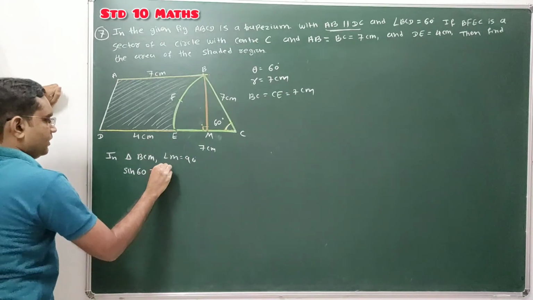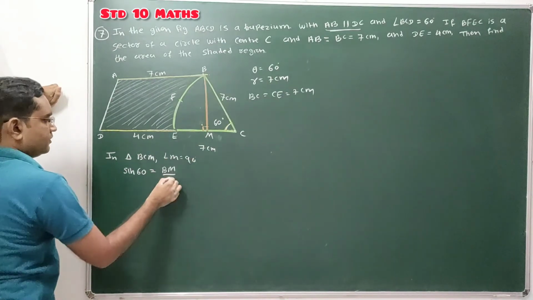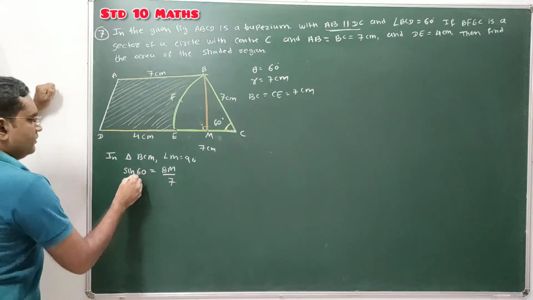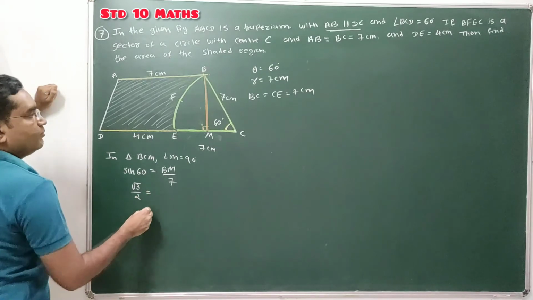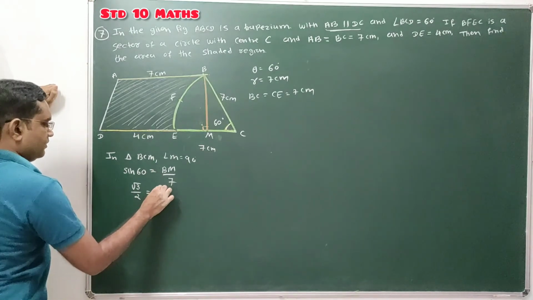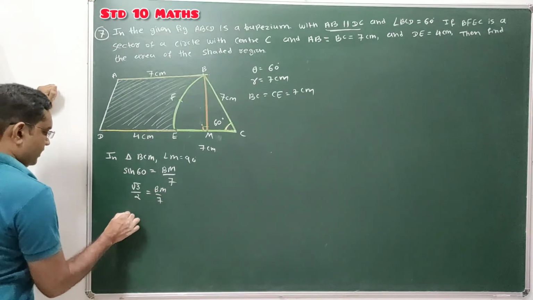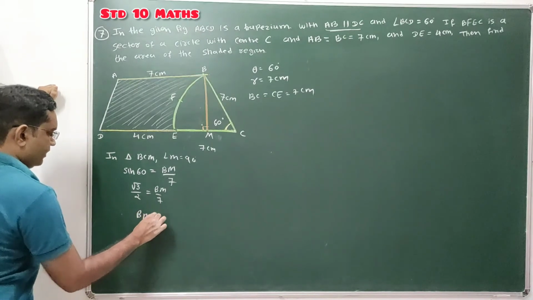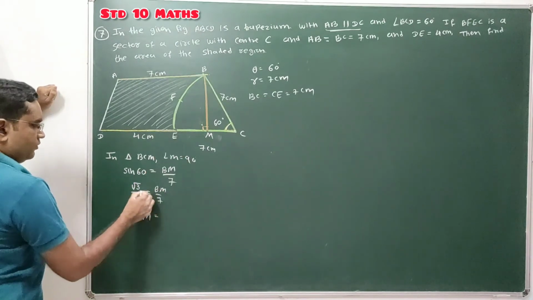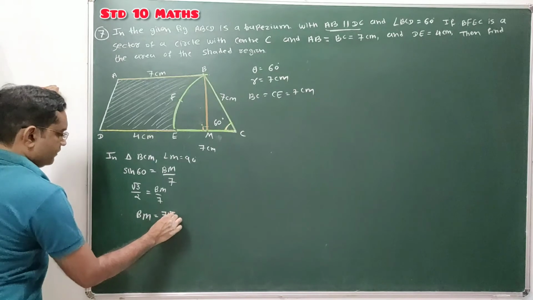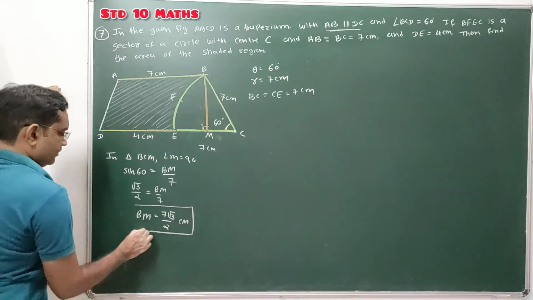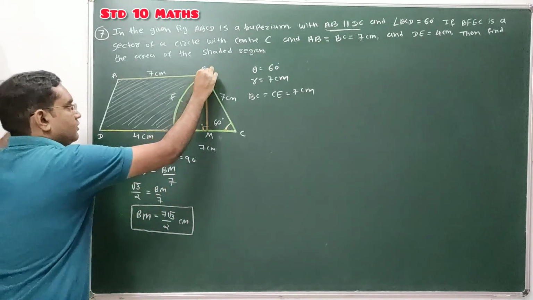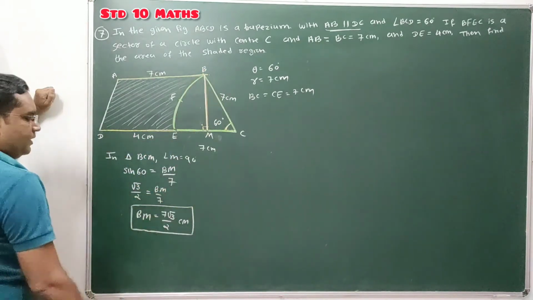So it's BM upon hypotenuse 7. Sin 60 root 3 by 2 equal to BM, the height, upon 7, and therefore we will get the height BM equal to 7 root 3 by 2 centimeter.